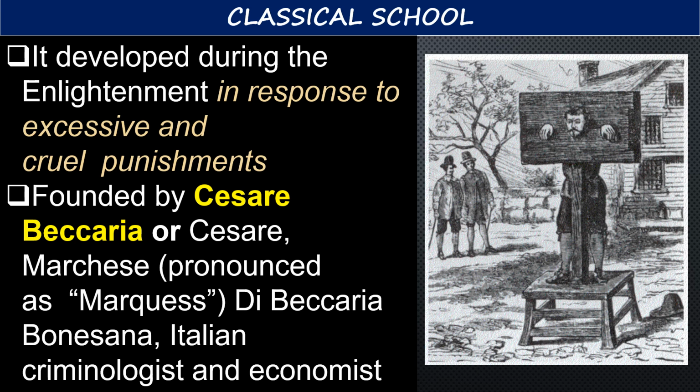That's why they call that the Age of Enlightenment. So people say you have to be enlightened that what is going on in our lives is not attributable to some spirits or to your religion, but rather it is attributed to your own free will. That is the idea of the classical school.